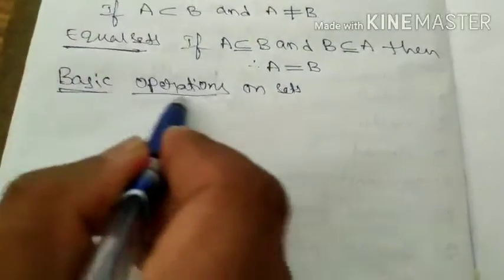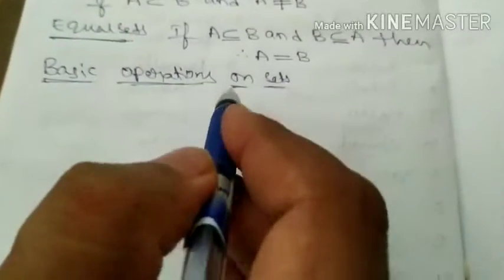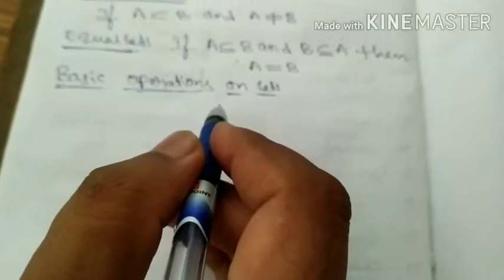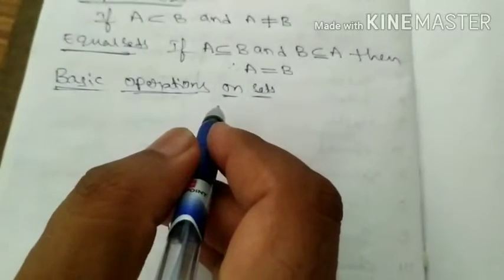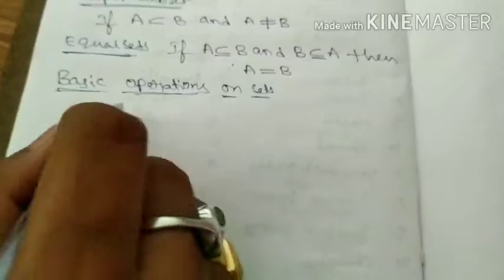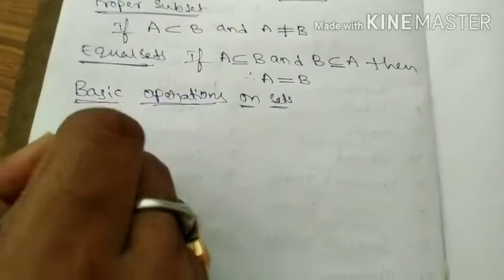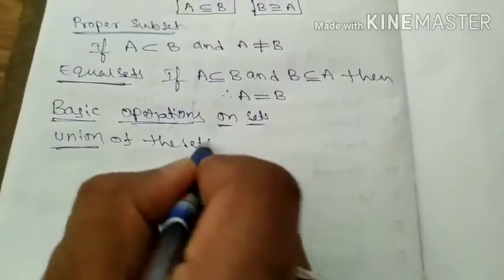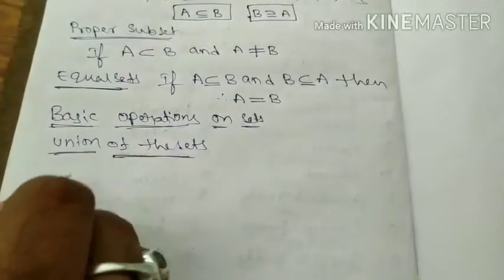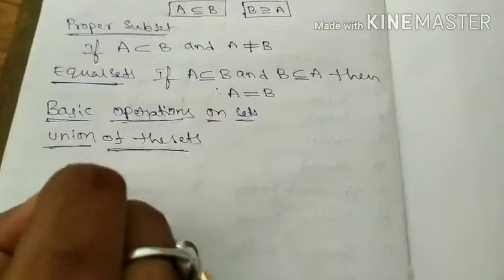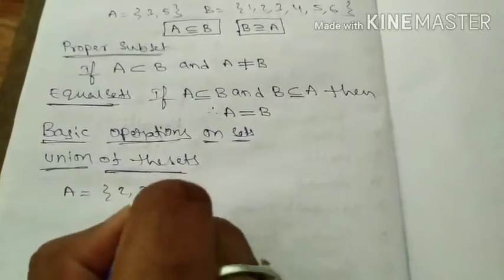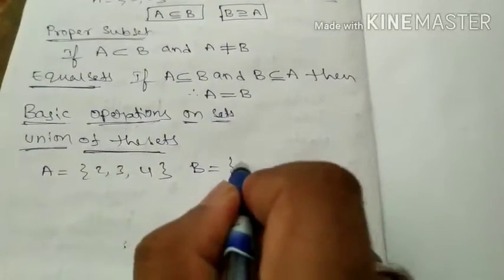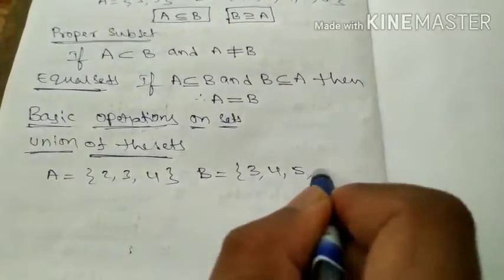Basic operations on sets. With numbers we have plus, minus, multiplication, division symbols, same way. Here sets also have some basic operations. One is union of the sets. How to do union of the sets? A is equal to {2, 3, 4}, B is equal to {3, 4, 5, 6}.